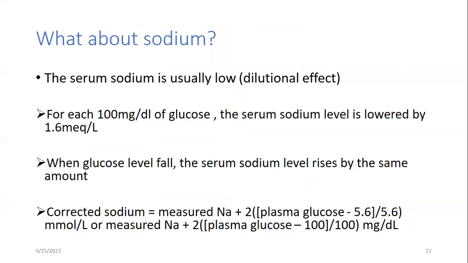And when glucose levels start falling during treatment, the serum sodium level rises by the same amount. So when you do your UECs and find that the sodium level is low, you need to do a calculation and get the corrected sodium level, and that will give you the correct sodium level for that patient.